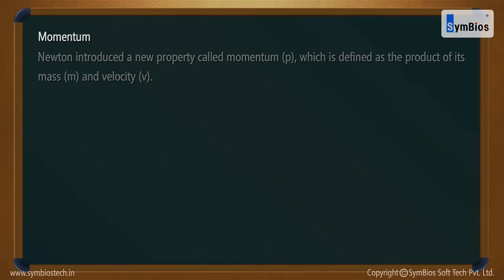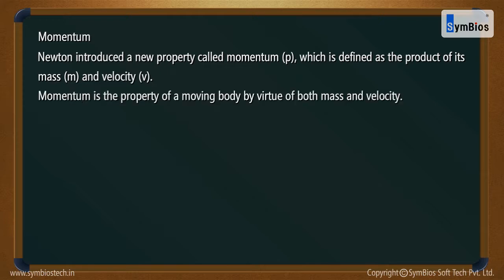Momentum. Newton introduced a new property called momentum P, which is defined as the product of its mass m and velocity v. Momentum is a property of a moving body by virtue of both mass and velocity. That is, momentum equals mass times velocity, P equals mv.